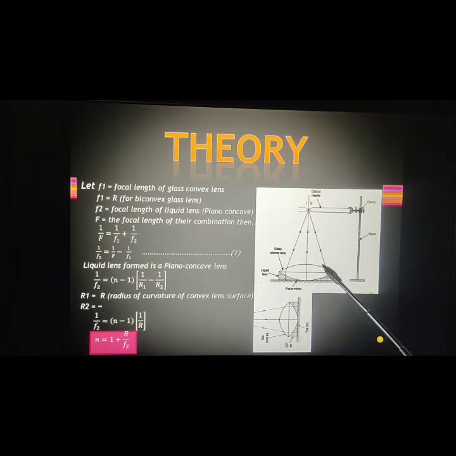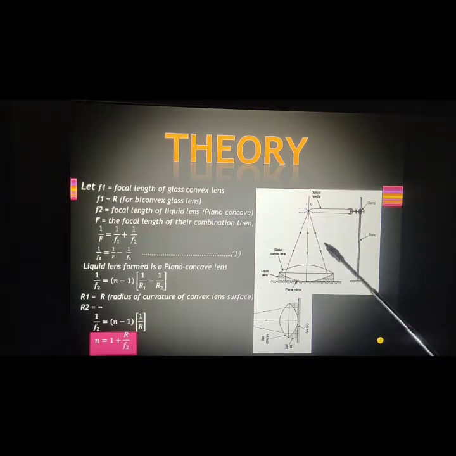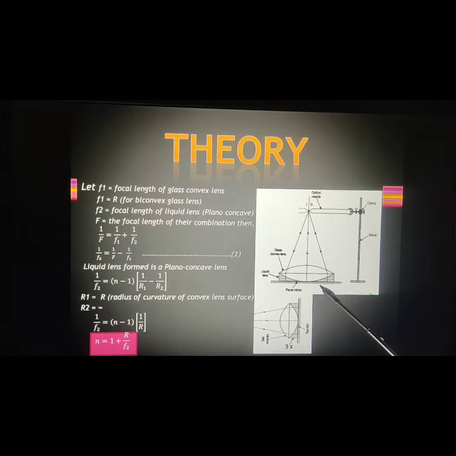And when does this happen? When the object is at f, or at its focal length, which is f1. So when an object is placed at focal length, we know that the image is formed at infinity. So we have this lens and the mirror.